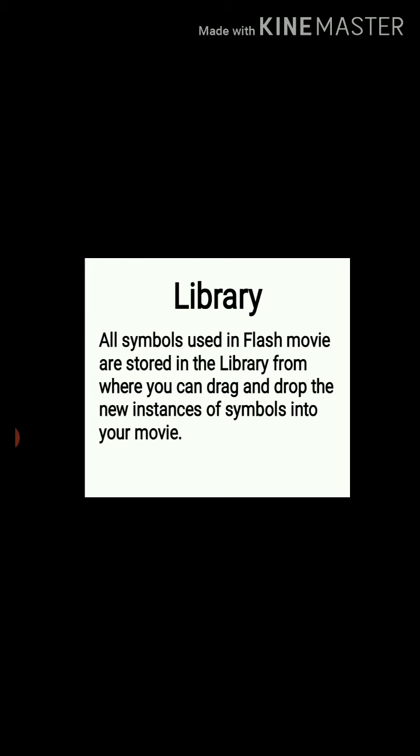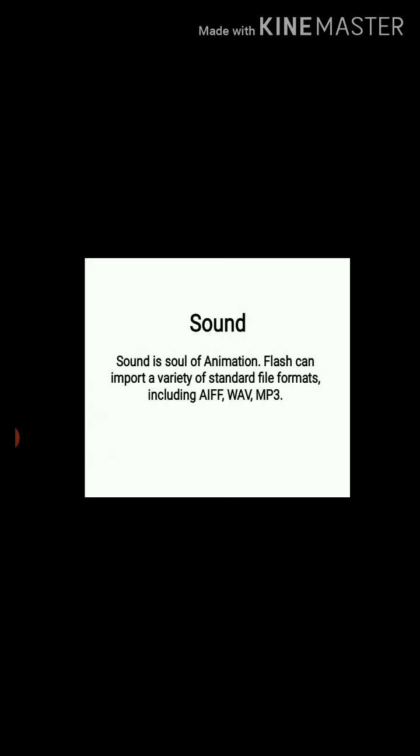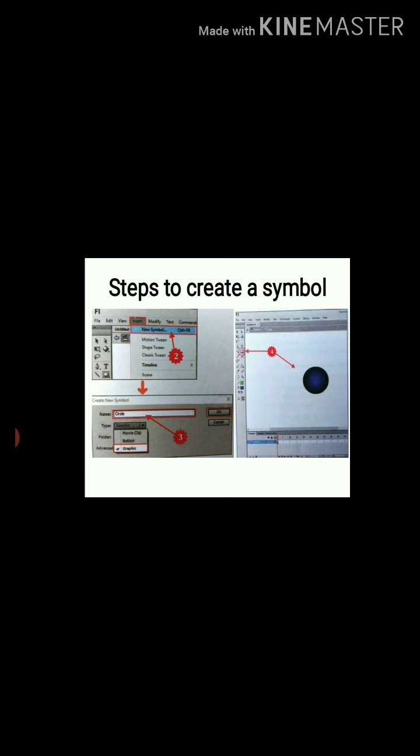Steps to create a symbol: click on the Insert menu, New Symbol, the Create New Symbol dialog box appears. Type circle in the name text box, select the graphic option in the type section and click on the OK button.